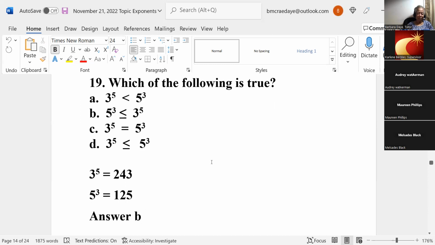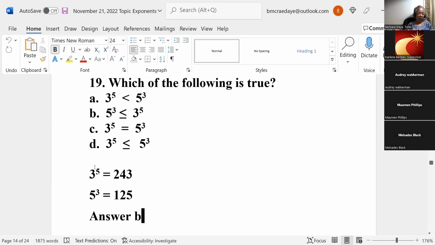Got it? Questions? See, when you're given something like this and you're only given 2 things, 3 to the 5th and 5 to the 3rd, calculate those and now you have numbers to compare. So you can eliminate C, they're not equal. 3 to the 5th is the biggest of the 2, right?